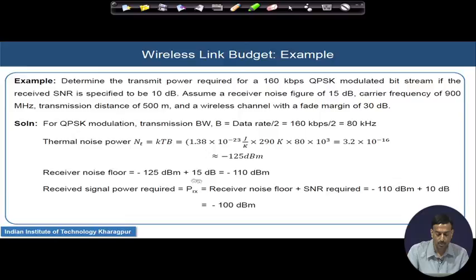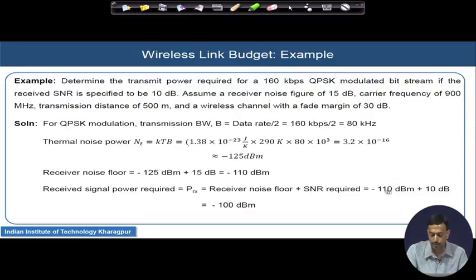So we calculate the signal power as this noise floor plus the SNR that is required for detection, which is specified over here, and it is 10 dB. So this is a value which has been given to you.